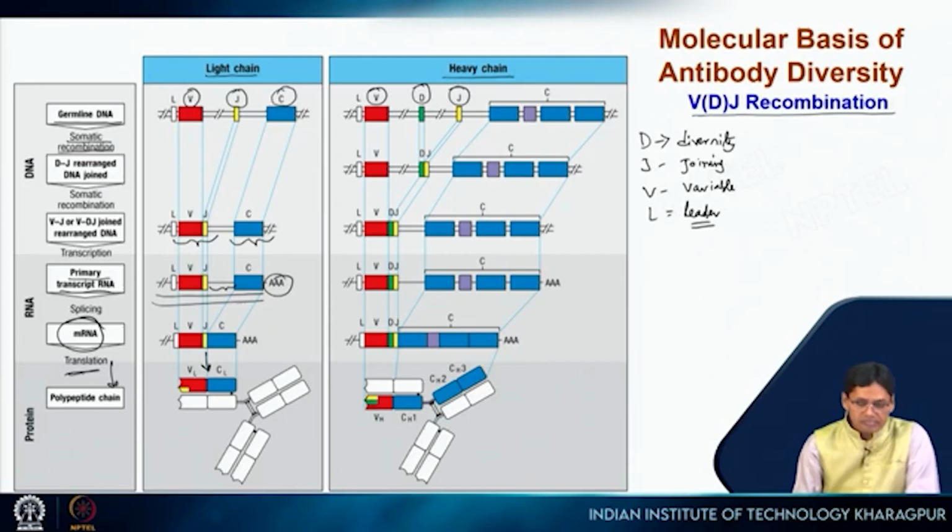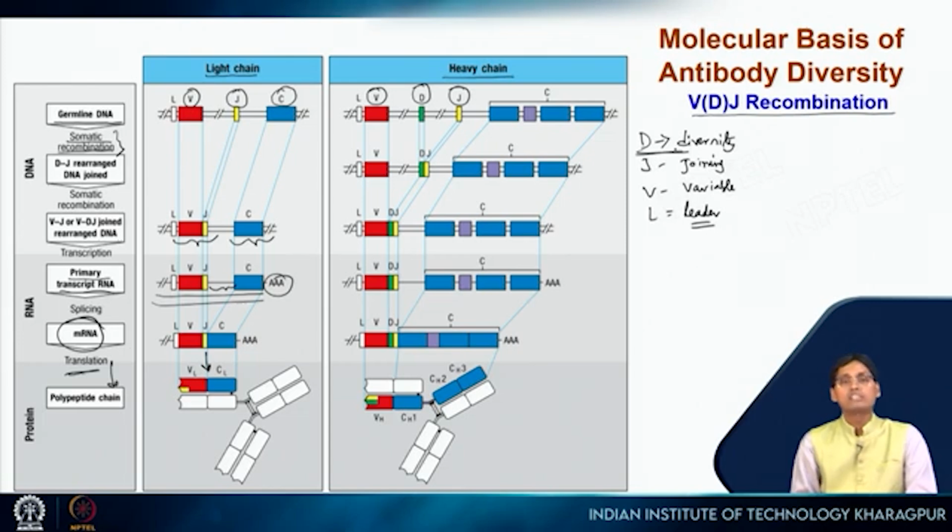But anyway, the major thing here is the somatic recombination between the V and J region in the case of the light chain. Now in the case of the heavy chain, whatever I mentioned remains the same. In addition to that, we have one extra D region, the diversity region.